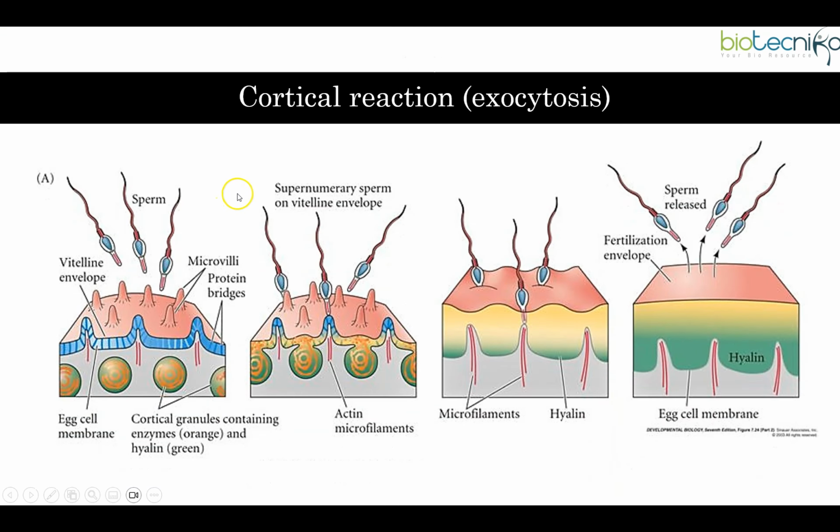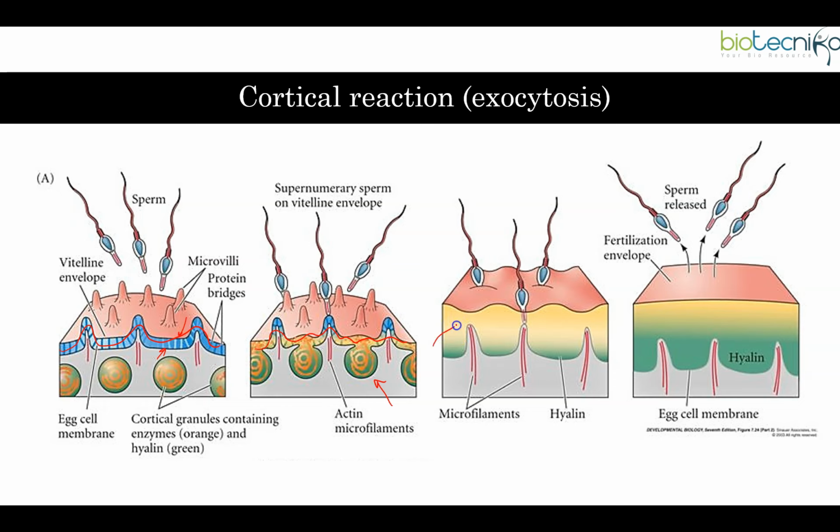So these are the cortical granule reactions which take place. There are some protein bridges present between the plasma membrane and the vitelline envelope. This is in sea urchin. When the cortical granules release their contents, the protein bridges are digested because one of the contents here is protease.